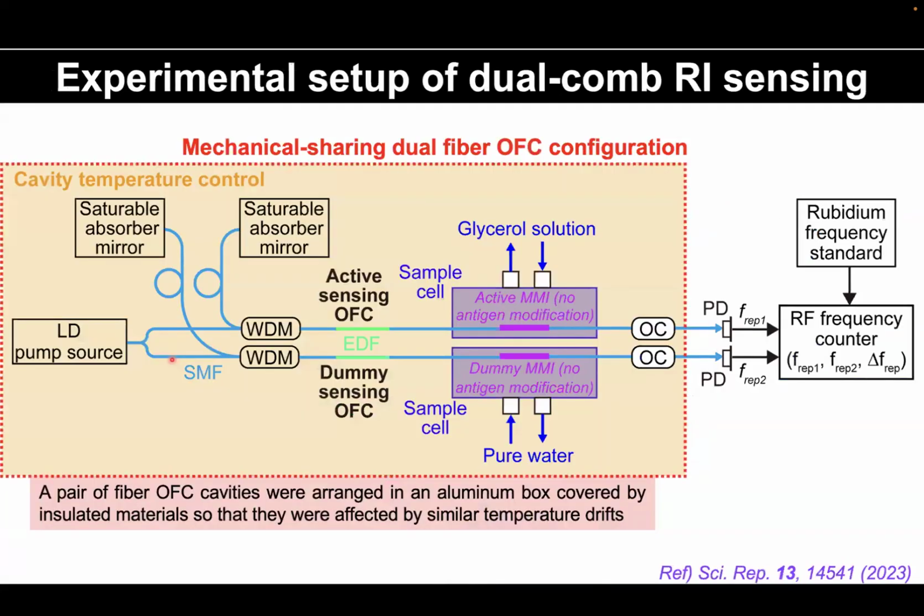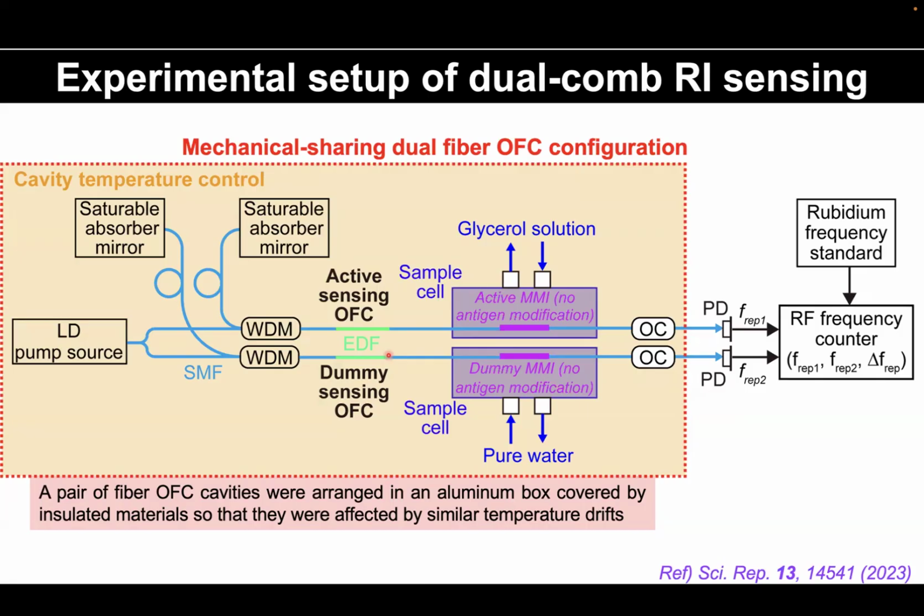To confirm the validity of this approach, we first performed dual OFC RI sensing. We use a pair of linear OFC cavities mode-locked by a saturable absorber mirror. A pair of MMI fiber sensors is prepared for the active and dummy sensor, respectively.